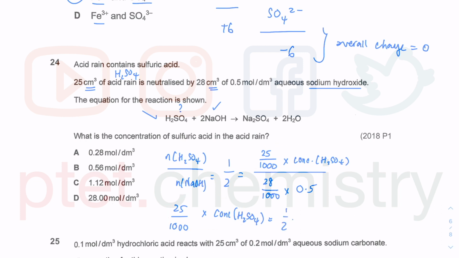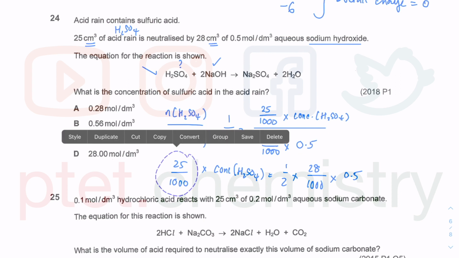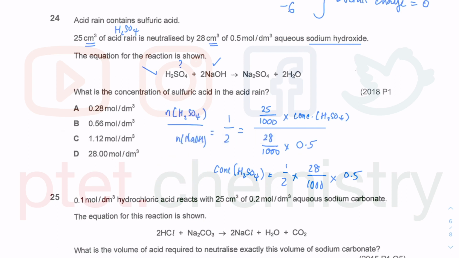So it's half times 28 over 1000 times 0.5. So hopefully then you can see that sulfuric acid is going to be this one at the bottom of this. So what I'll do is I will cut this, and then I will move this up a little bit, and then I will have all of this in the bracket, divide.